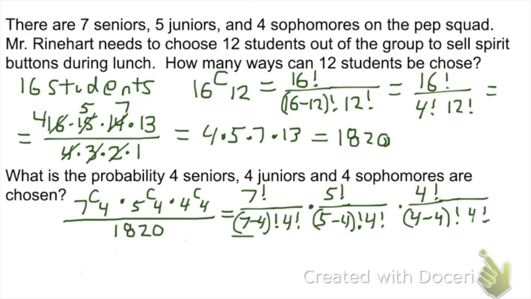This is all divided, we have a compound fraction here, by 1820.